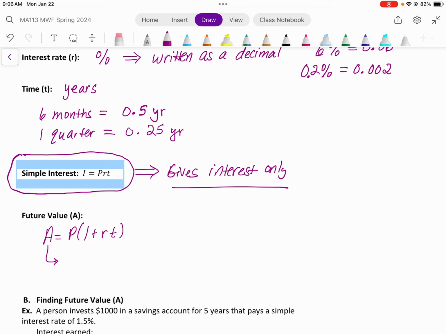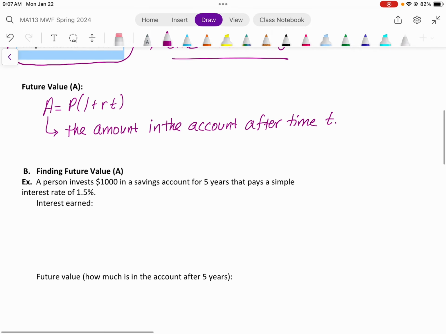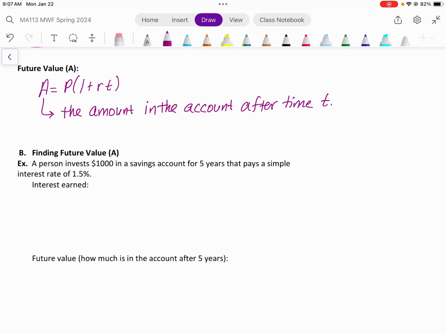So this A is the amount in the account after time T. So it could be the amount that you borrowed in total or the amount that you invested in total. So it's the principal with the interest. We call that the future value. All right. So some questions have you find the interest first and then the future value. Others will say find the future value first and then find the interest.